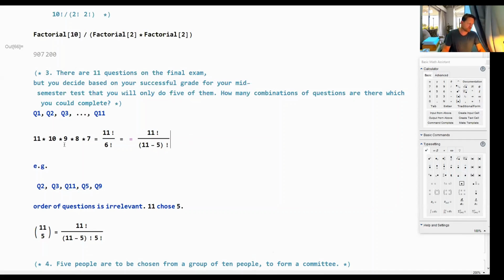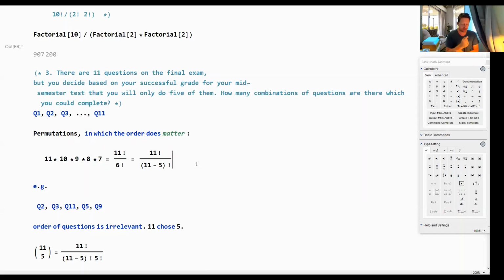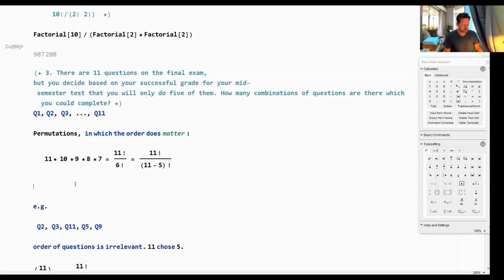All right, now this is permutations. And so we have to think about what happens when we shuffle up all these possibilities. Okay, permutations in which the order does matter. So it would be this, right? However, given that the order doesn't matter, we can shuffle each of those options that we get, and so it tells us then to divide that by the number of places we have.